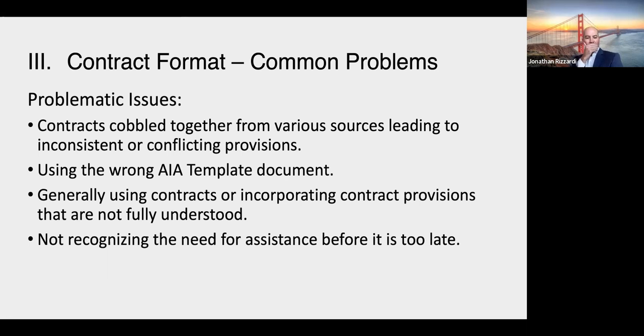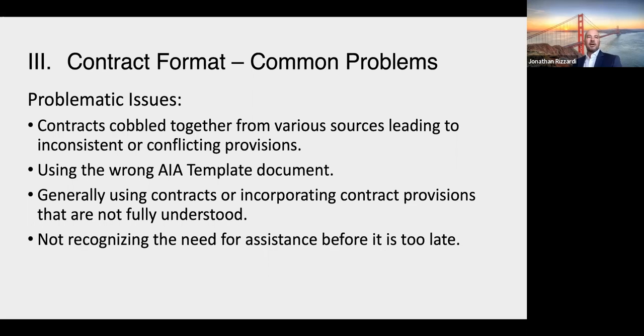And then not recognizing the need for assistance before it's too late. One common issue is a client will come to me and I find out they've already negotiated 2 rounds of the contract with the owner, or worse, the owner's attorney. And so at that point, it's really difficult to pull back on any provisions that have been agreed to that may be problematic.